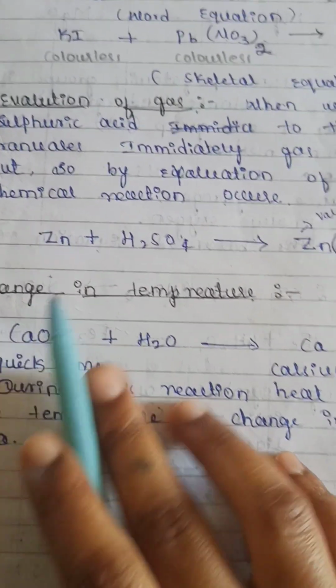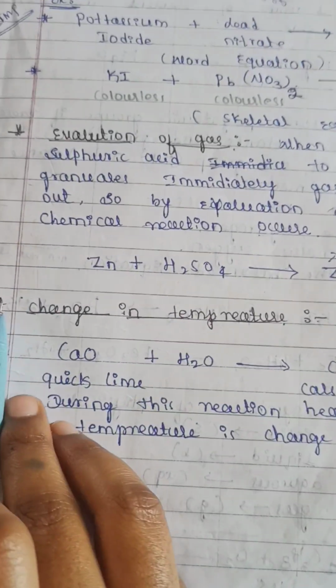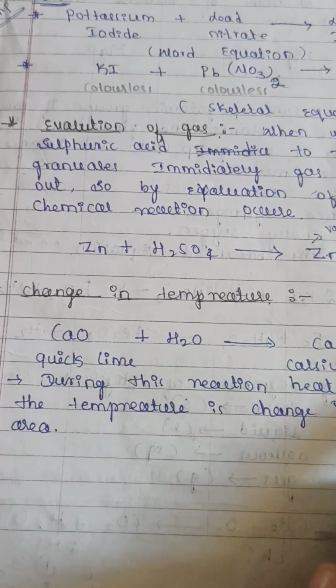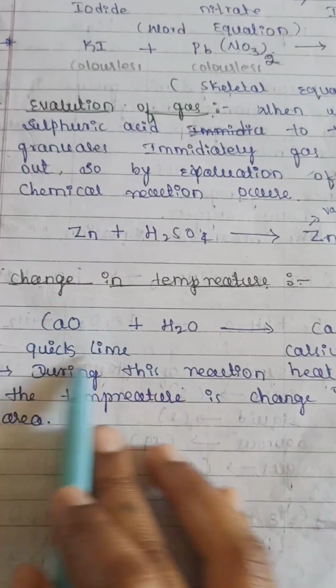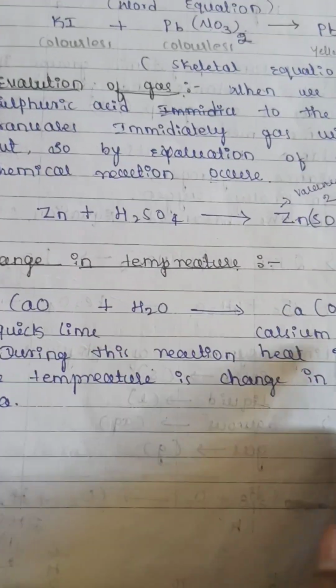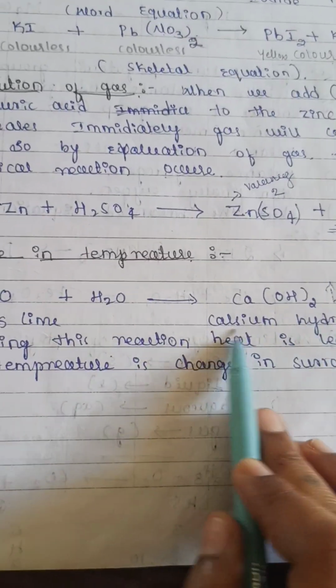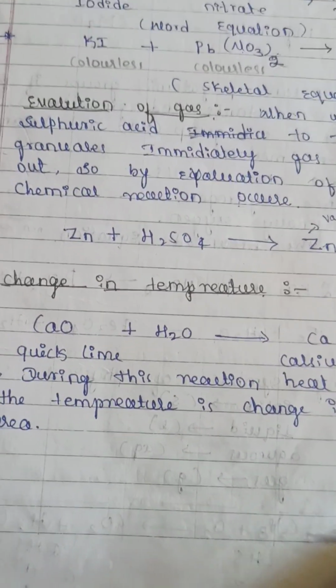So change in temperature also causes a chemical reaction. CaO, that is quicklime, calcium oxide, plus water gives calcium hydroxide, Ca(OH)2. So this is a change in temperature.